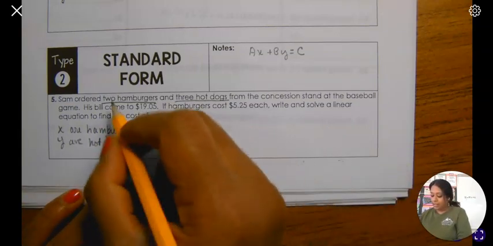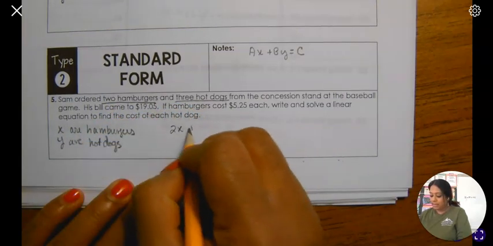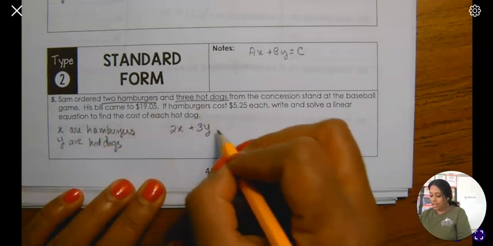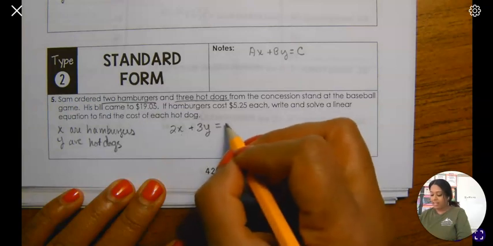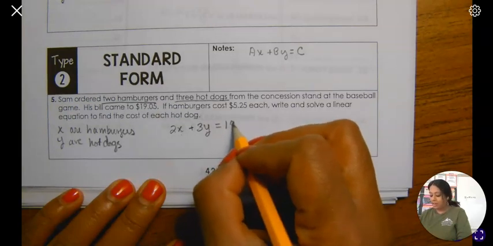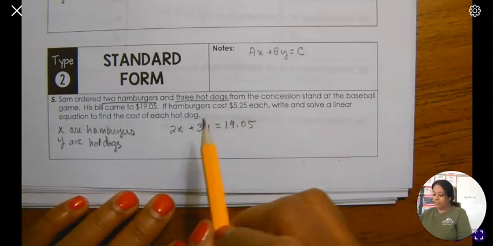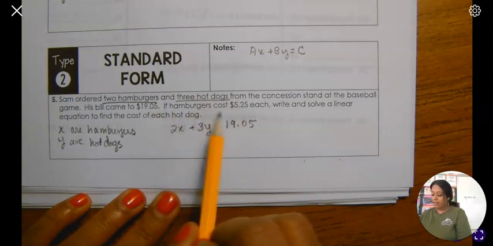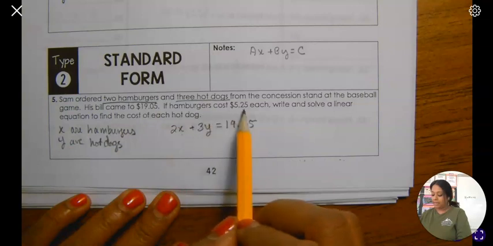So to build my equation, I have 2 hamburgers, so I have 2x plus 3 hot dogs, 3y, and when I add them together, they add up a total of $19.05. So that's my equation.